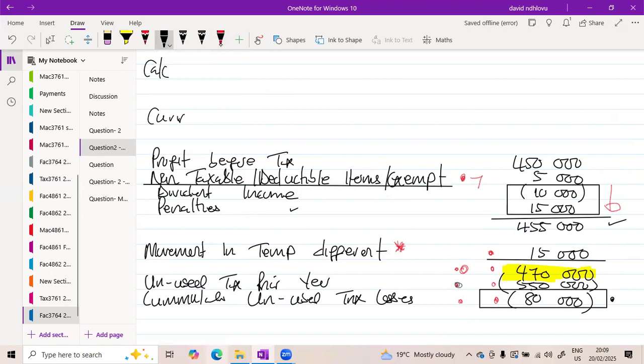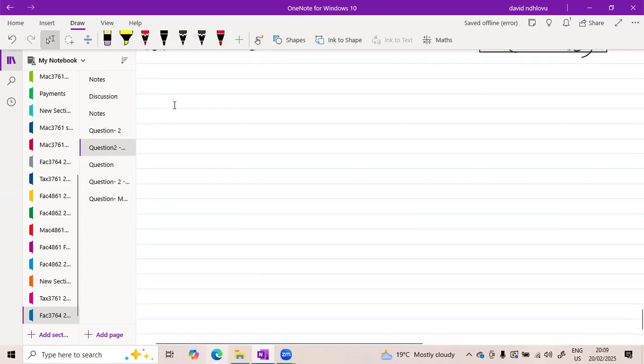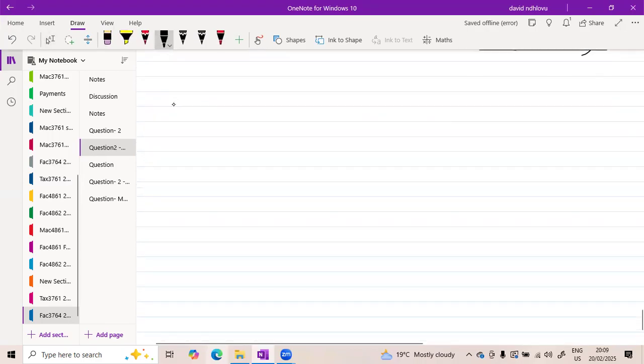So current tax. What we now are going to have is a difference in terms of deferred tax. But there is nothing new. So we say 2011.